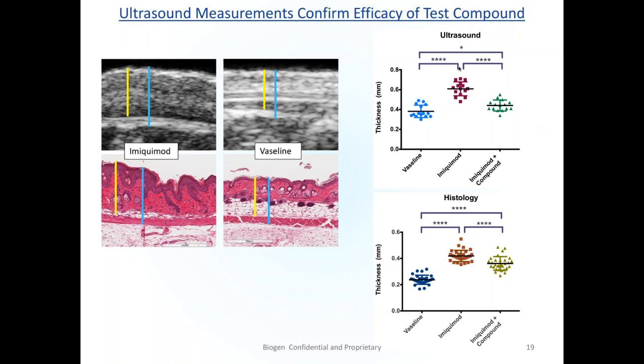But the reason we wanted to understand what these changes were, as we're working with the discovery teams in these models, is that just pointing to the ultrasound region and saying, I think this top layer includes a fatty layer in the dermis and the epidermis, is not that satisfying.